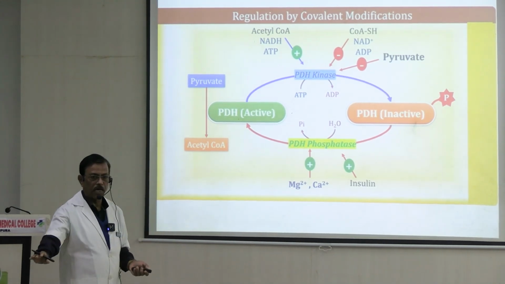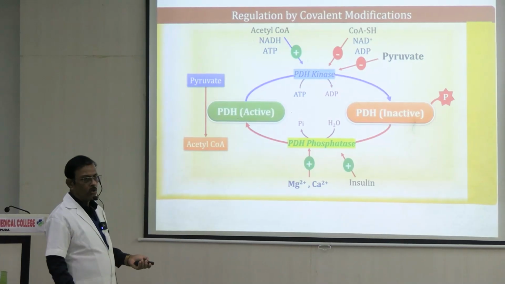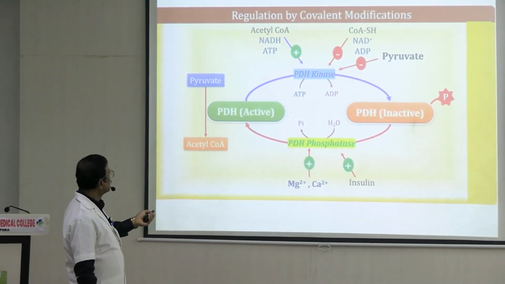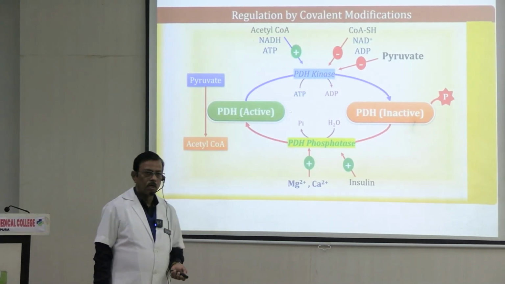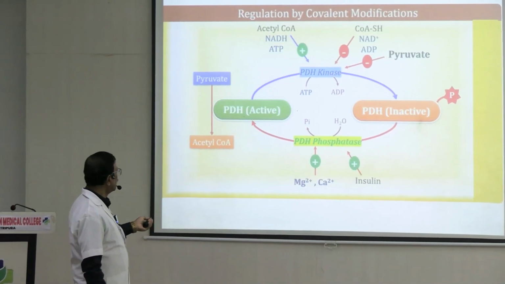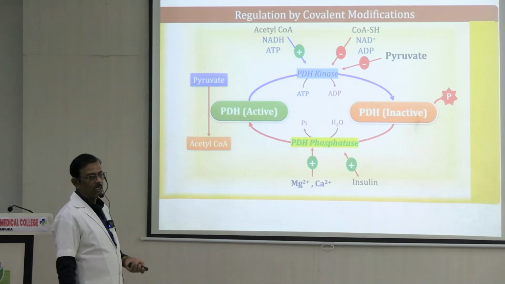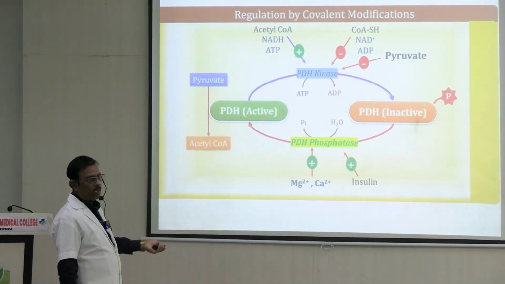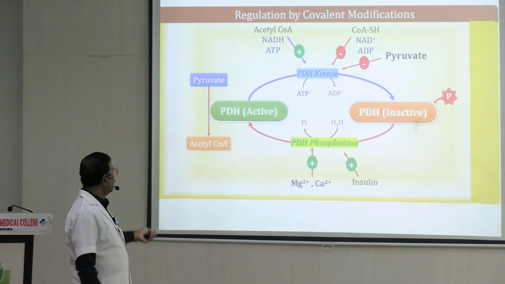Whenever there is a kinase, it will phosphorylate. So PDH kinase means the enzyme which phosphorylates PDH. So acetyl-CoA, NADH, and ATP activate PDH kinase. As a result, PDH kinase will phosphorylate PDH and make it inactive. This is the way acetyl-CoA, NADH, and ATP inhibit PDH.